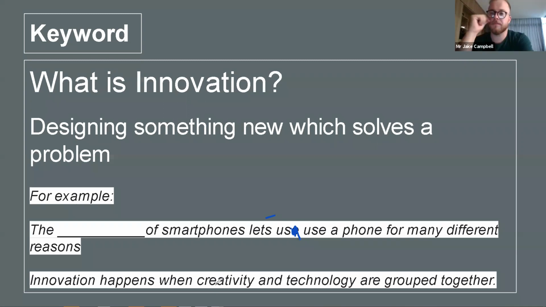Good. What's the blank? The between. What's another word for the stages between? What are we doing? Are we designing or are we? What's the key word today?